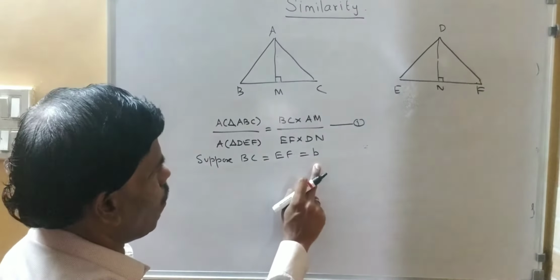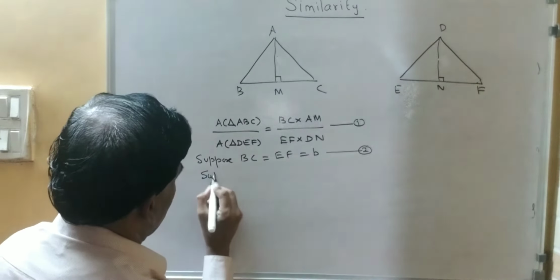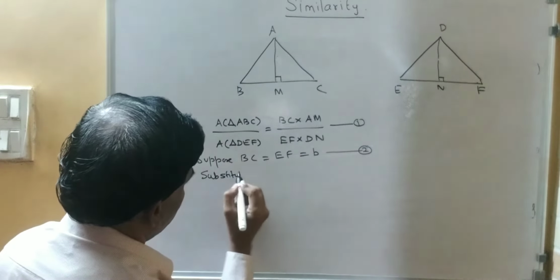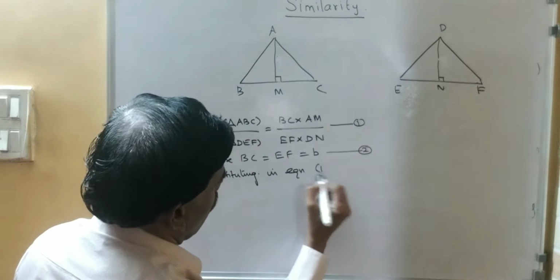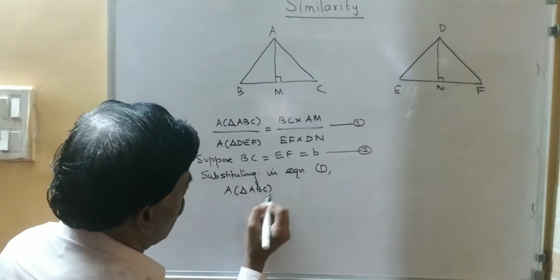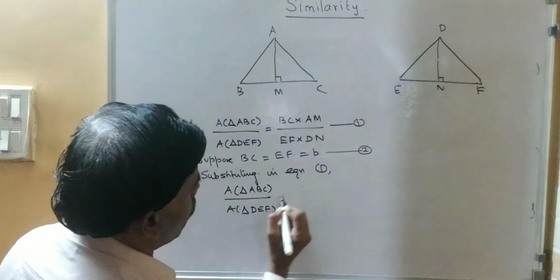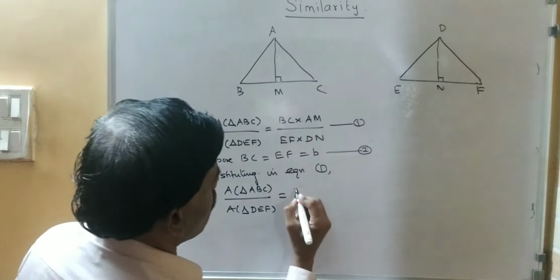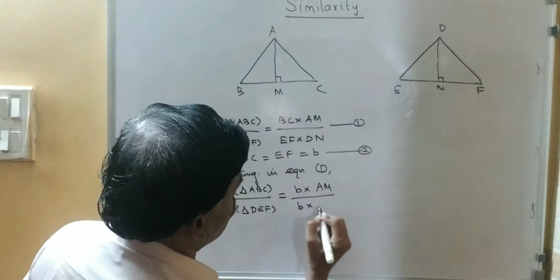So I am taking it as B. Substituting in equation 1, area of triangle ABC upon area of triangle DEF equals, see, BC is B, so B into AM upon B into DN.